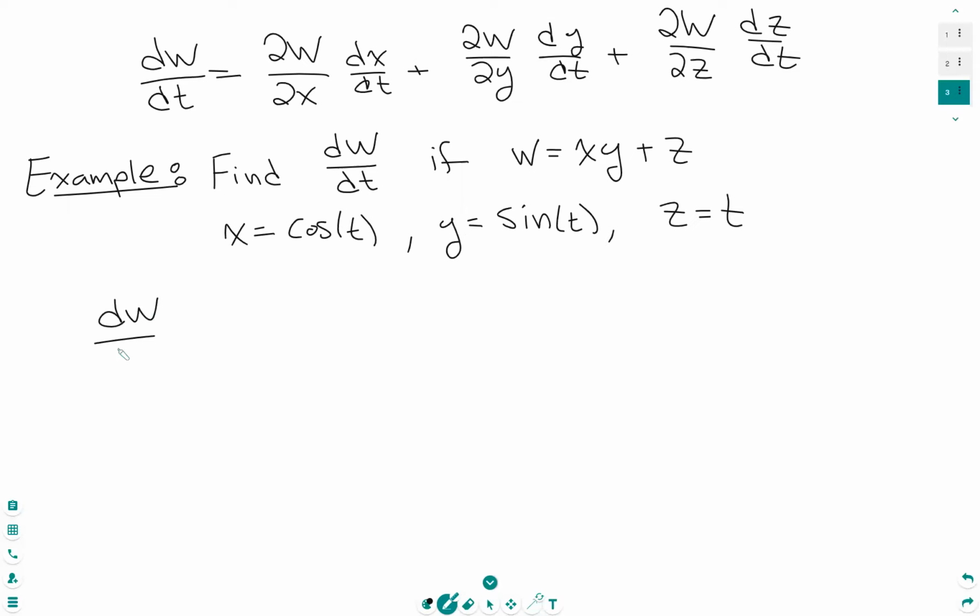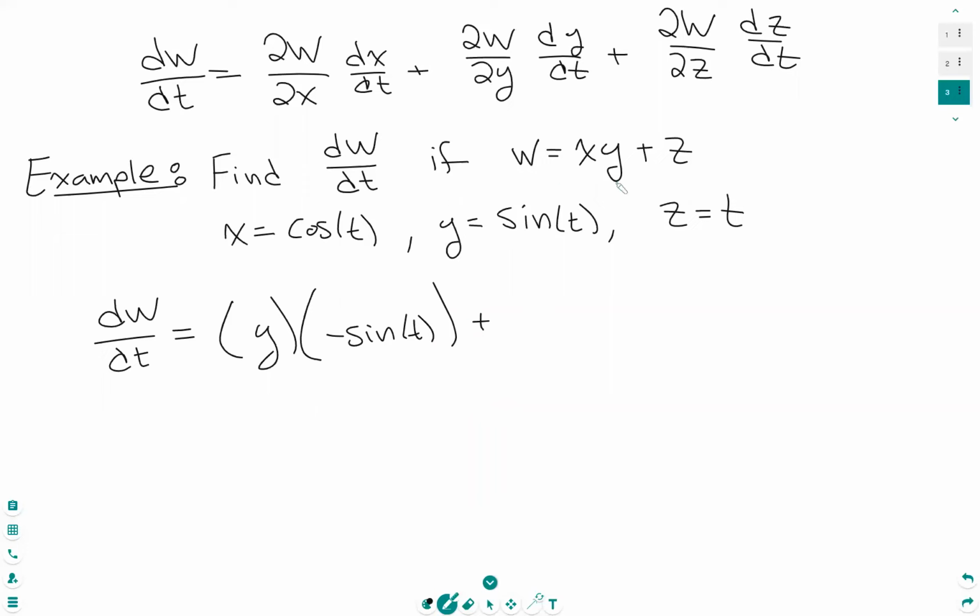So dw/dt is equal to, this is partial w, partial x. For right now, partial w, partial x just gives me a y, and then we need a dx/dt. So we look at this, and this just gives us a negative sine of t. Then we need partial w, partial y.